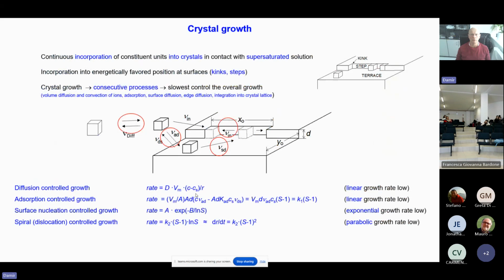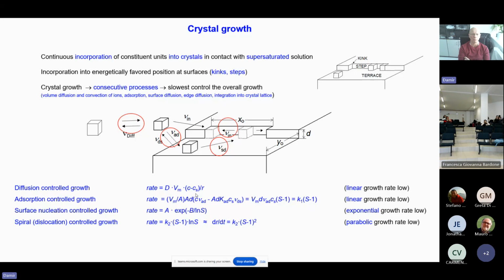Another process that is characterized by a significant change of concentration in a solution, a process which is observable, is crystal growth. Crystal growth can be visualized as continuous incorporation of constituent ions into crystals which are in contact with supersaturated solution.